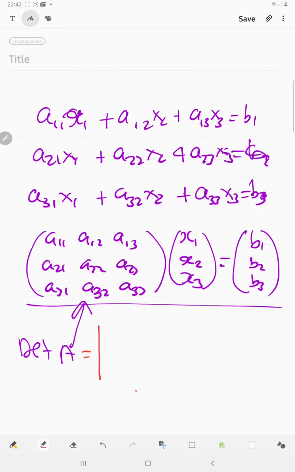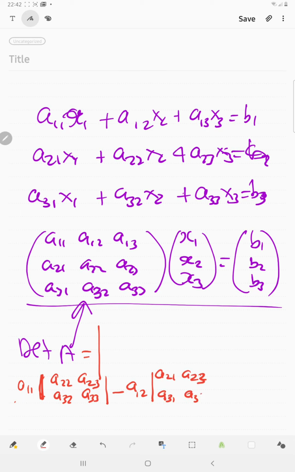You take the determinant of that, which can be equal to A11, let me start on top there, multiplied by the modulus of A22, A23, A32, A33, and then you take A12 and you take the modulus of A21, A23, and A31 and A33, and then you take the final one, A13, with A21, A22, and A31 and A32.